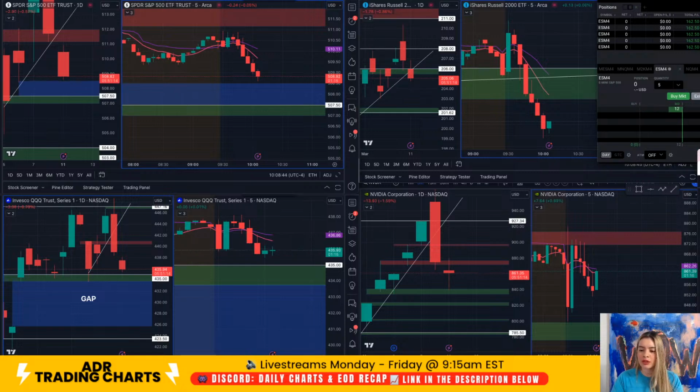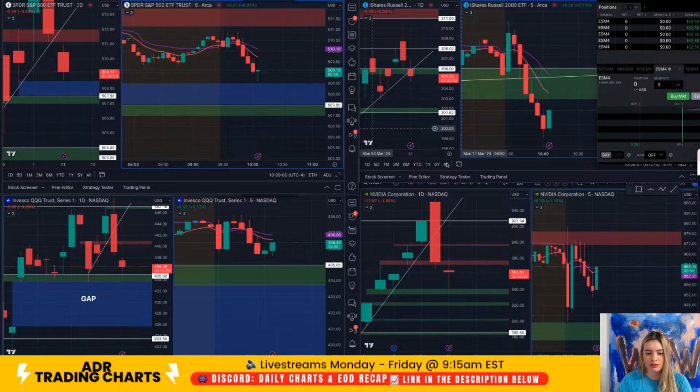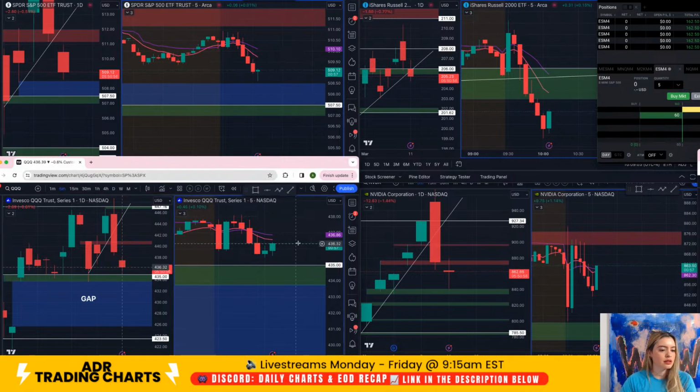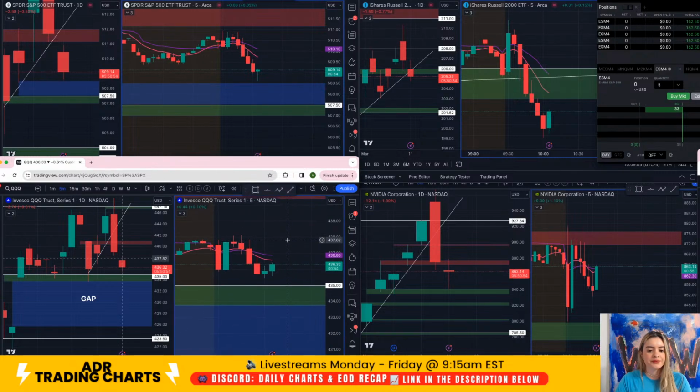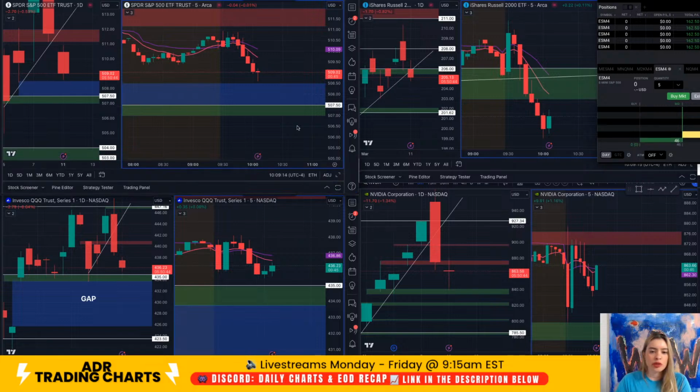Apple has a gap to fill down from Friday's close till today's open. And Nvidia is fighting. We might have a choppy day with no clear direction because of the CPI tomorrow. Who knows?